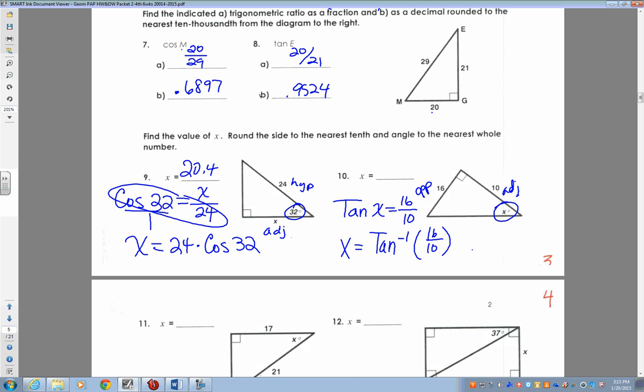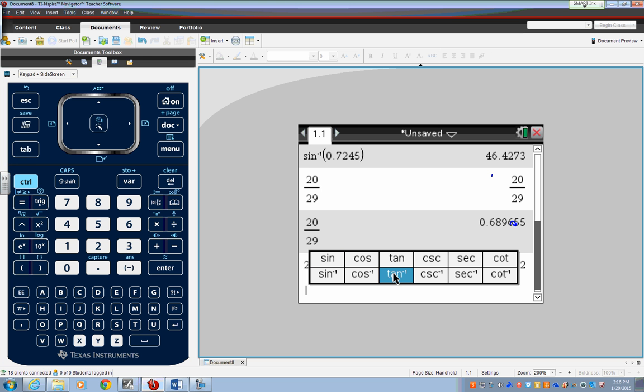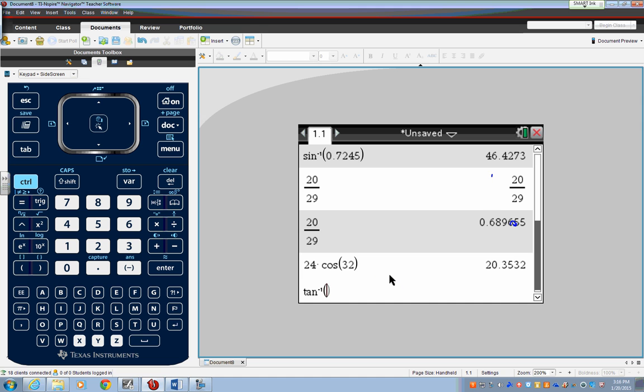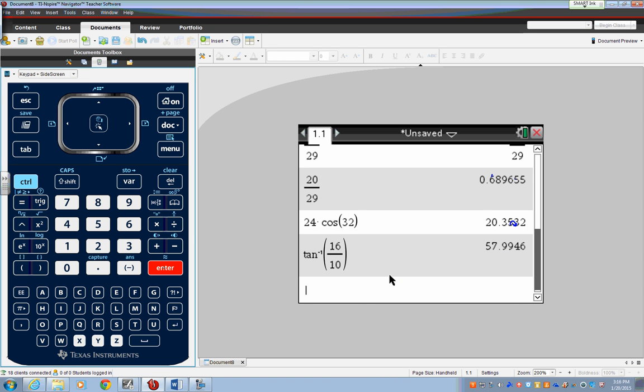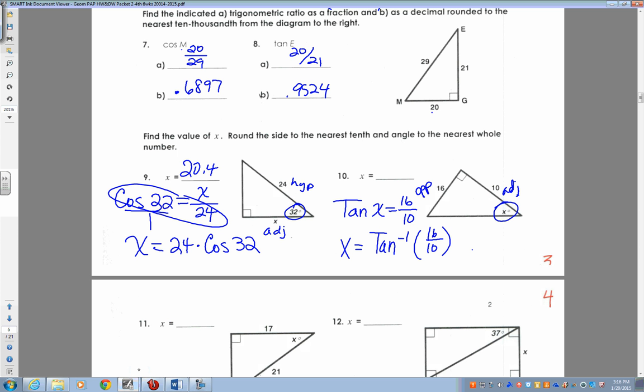So on the calculator, I would go to trig, but now go to tangent inverse, and then just say 16 divided by 10, hit enter. We're going to round it to the nearest whole number, it'll be 58. So the angle measure is 58 degrees.